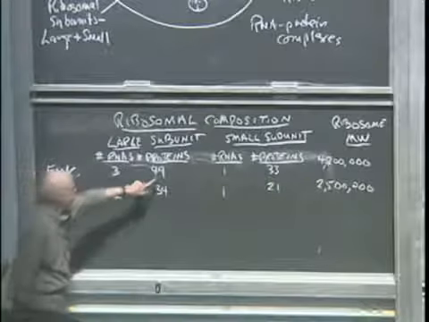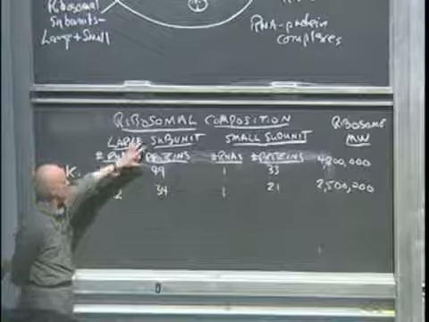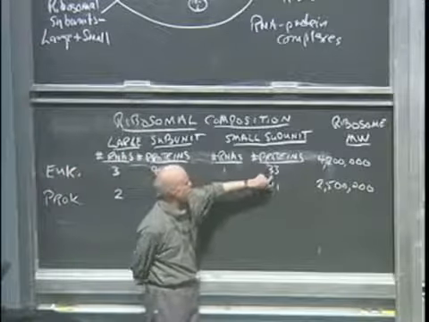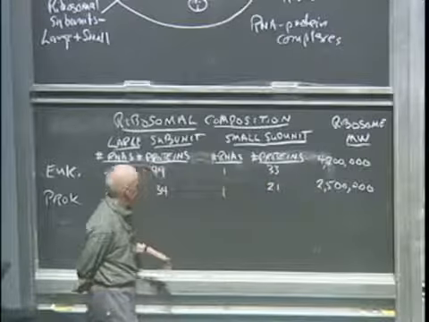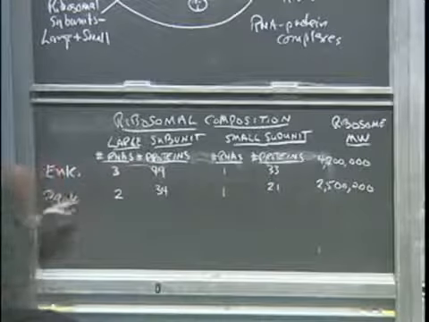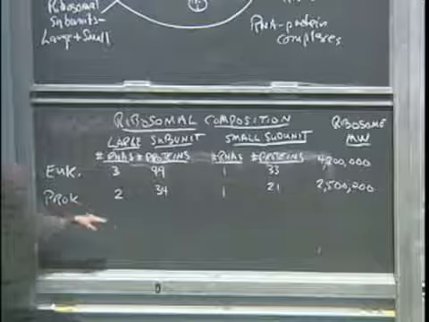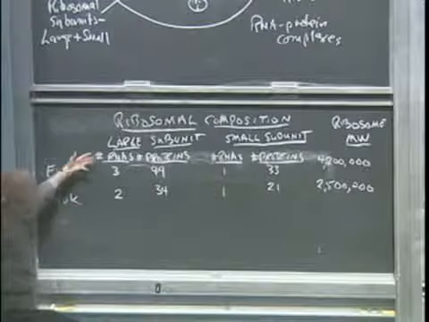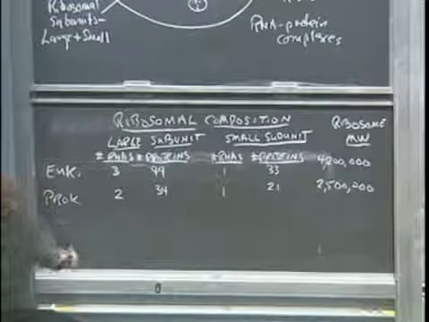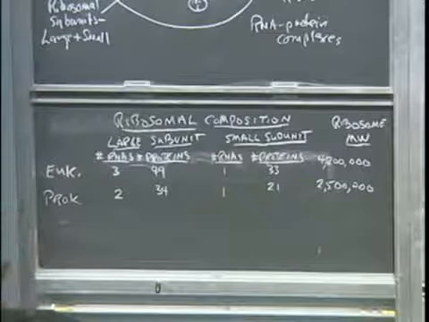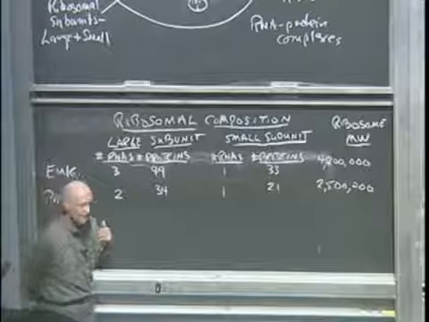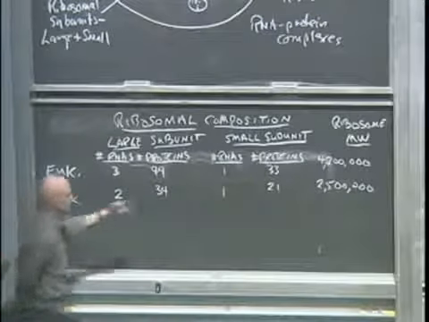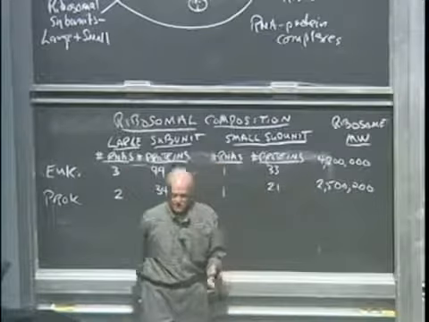There are 3 RNAs and 49 different proteins in the large subunit of the eukaryotic ribosome, and 1 RNA and 33 proteins in the small subunit. The composition of a prokaryotic ribosome is different. The two ribosomes are not identical in prokaryotes and eukaryotes, but they're functionally the same. That is, they are the machine, the factory that makes proteins, even though they have different compositions.